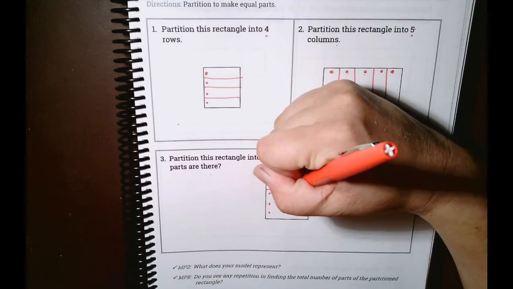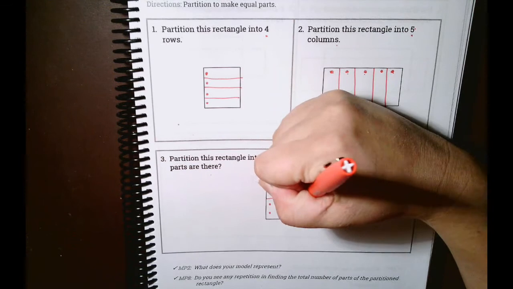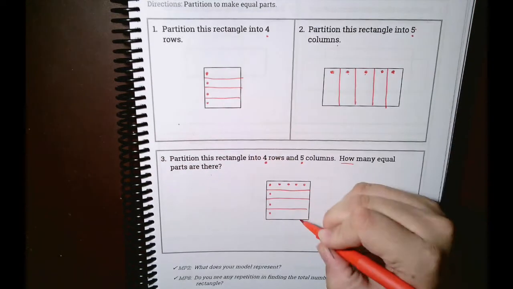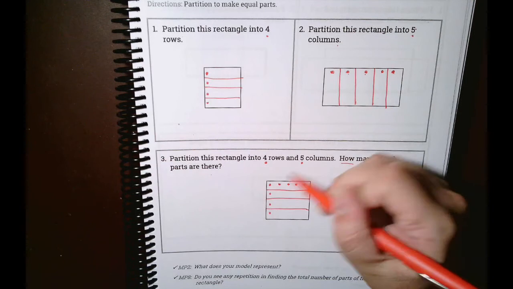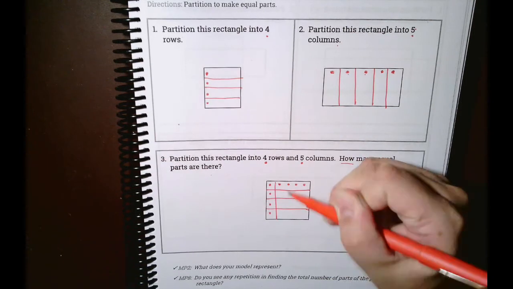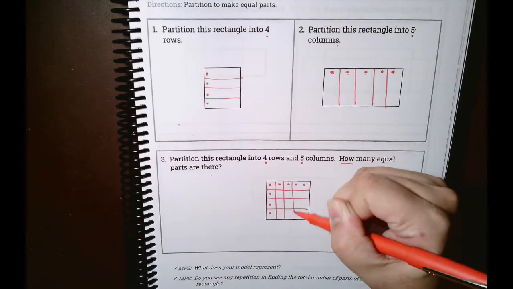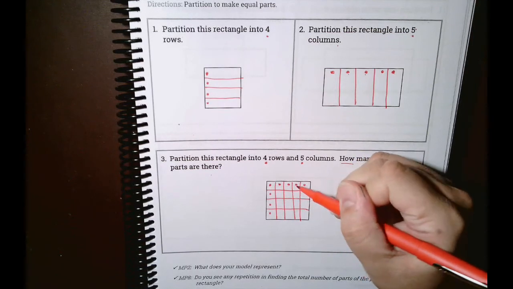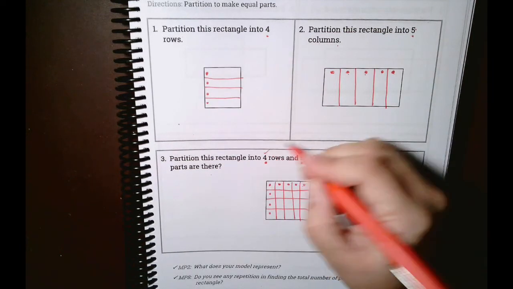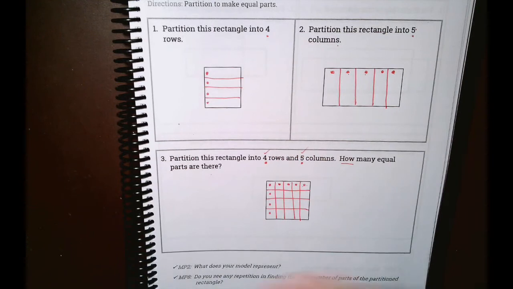So my rows first, 1, 2, 3, and 4, and then there's a 4th one. And columns, 1, 2, 3, 4, and there's 5. Okay, these are done. All I have left is to answer how many equal parts are there.